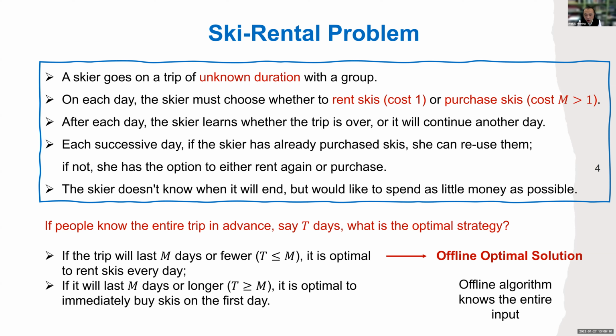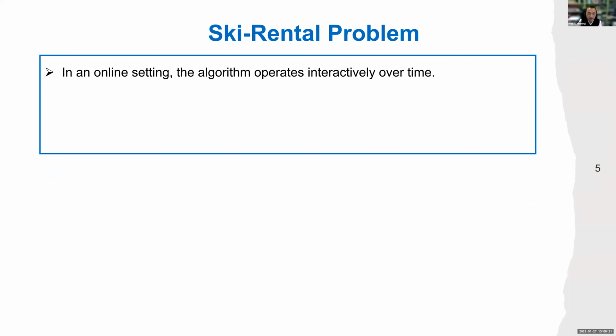So the offline algorithm, as we said, knows the entire input from the very beginning, from the moment when you call the algorithm. So how about the online setting? In the online setting, the algorithm will operate interactively over time. Whenever a new day arrives, I will decide whether to buy or rent.